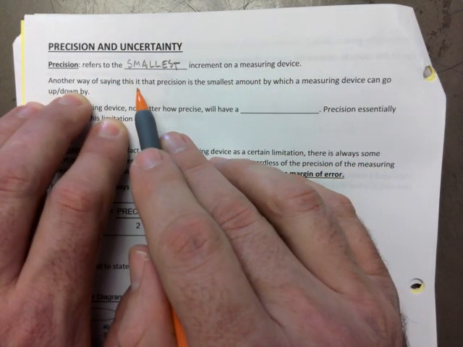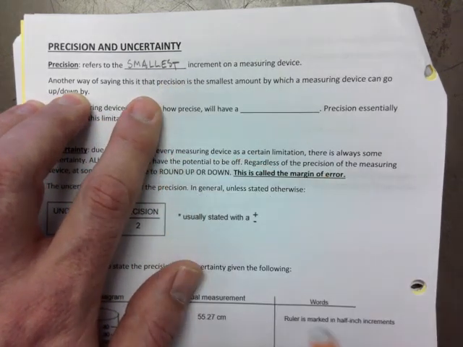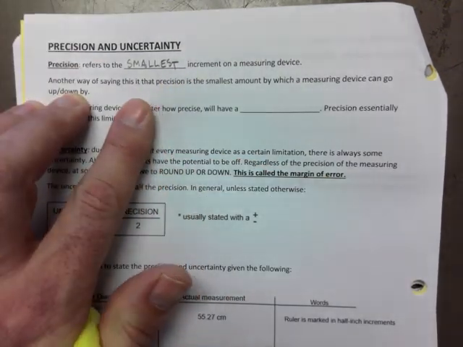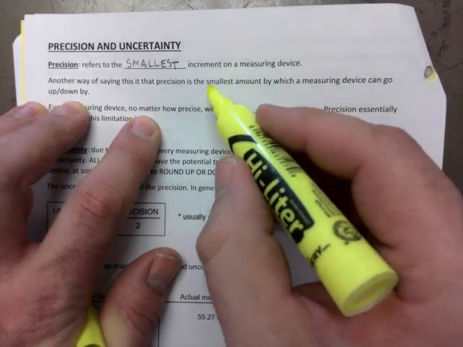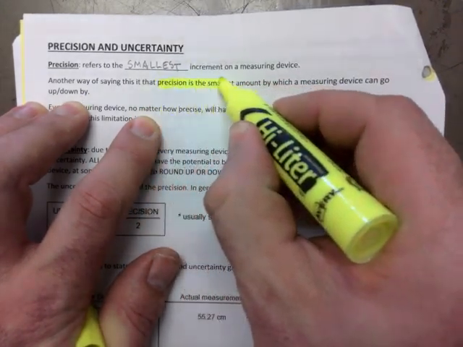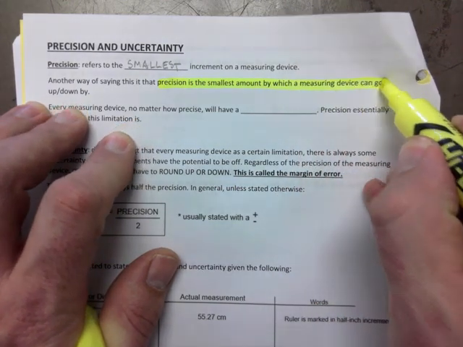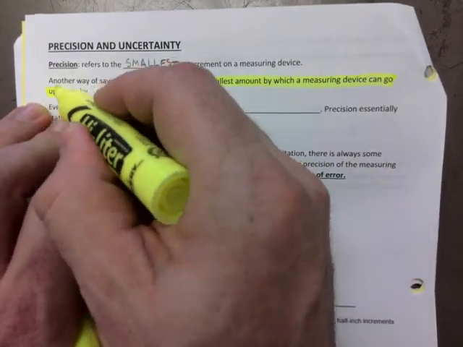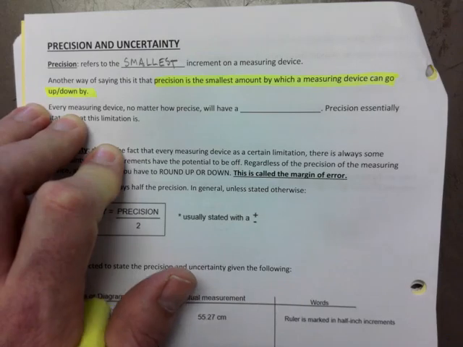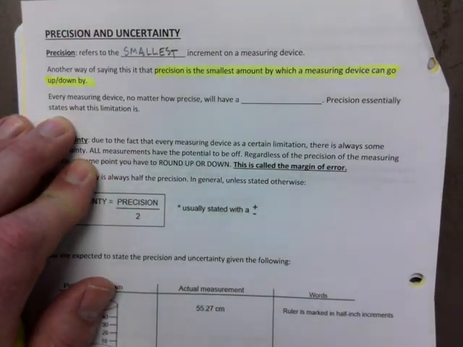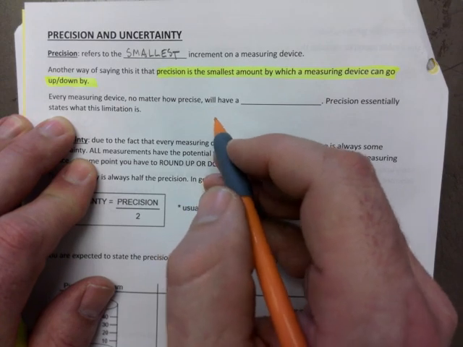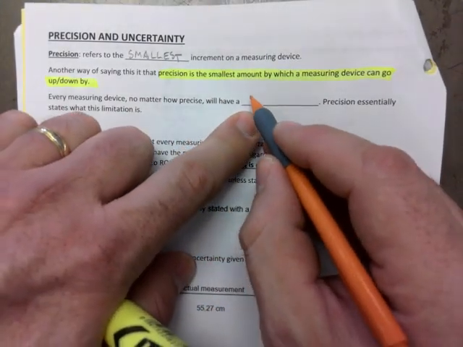Another way of saying this is that the precision is the smallest amount by which a measuring device can go up or down by. So here it is again. Precision is the smallest amount by which a measuring device can go up or down by. That's what precision is. Every measuring device, no matter how precise, will have a limitation.